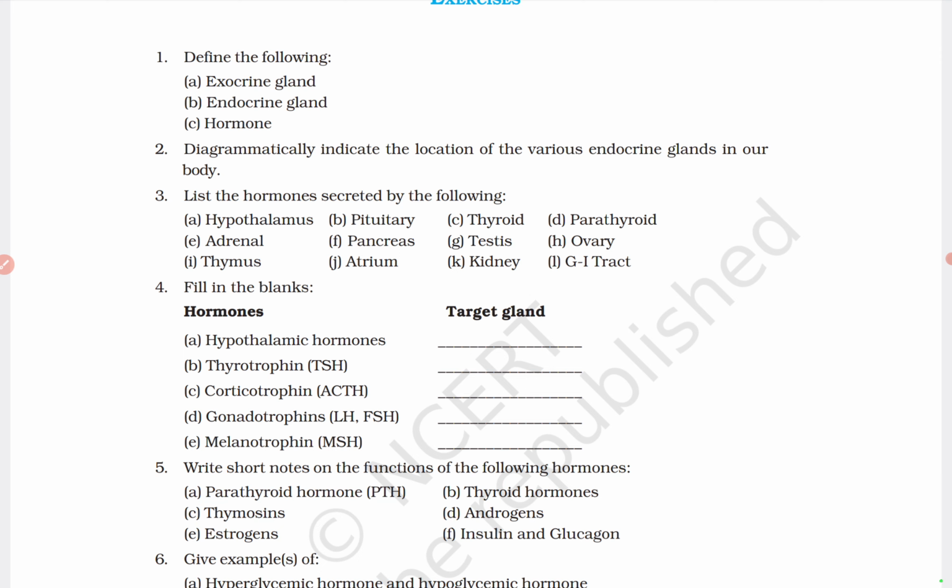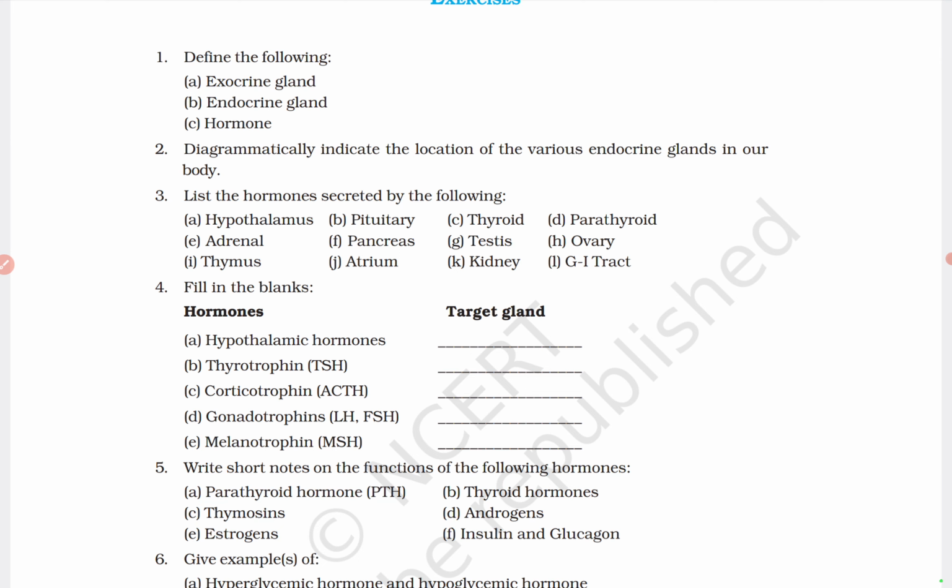Pituitary also produces hormones. As we know, it has two lobes, anterior and posterior, and also a middle part. From the anterior lobe: FSH, LH, thyroid stimulating hormone, adrenocorticotropic hormone, growth hormone and prolactin. From the middle: melanocyte stimulating hormone.